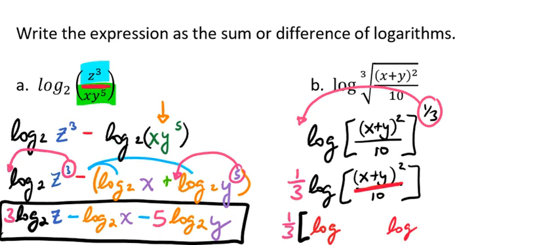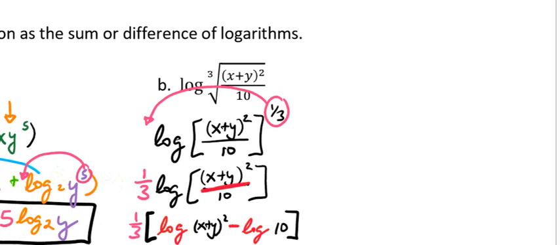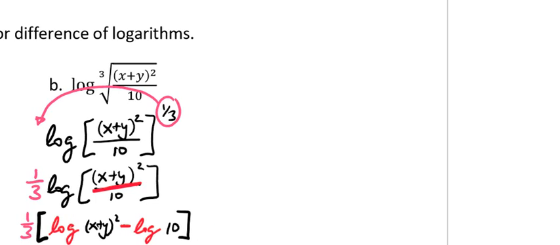Our first log is going to have that x plus y squared. Scoot that log over, give ourselves a little bit more room. And the second one is going to have a log of 10. We're going to close that. And again, because it was division, we are subtracting. We're a little out of room. Let's scoot this over and give ourselves a little bit more room.